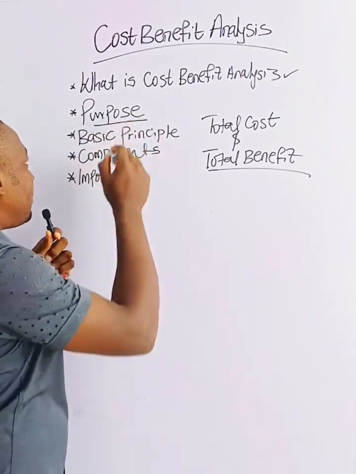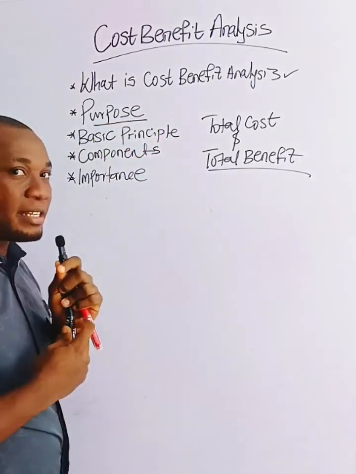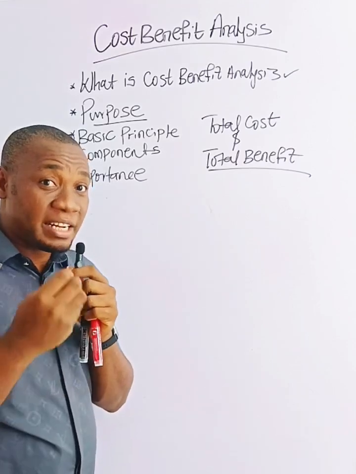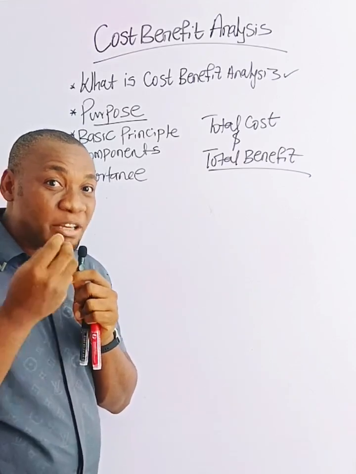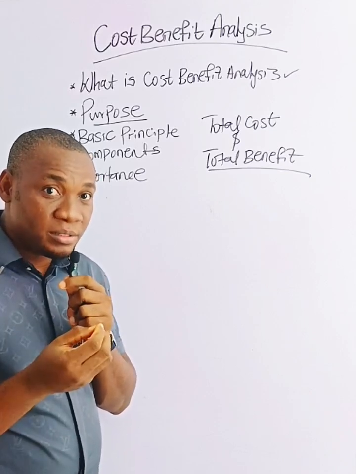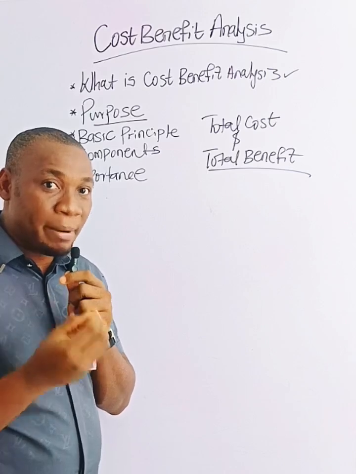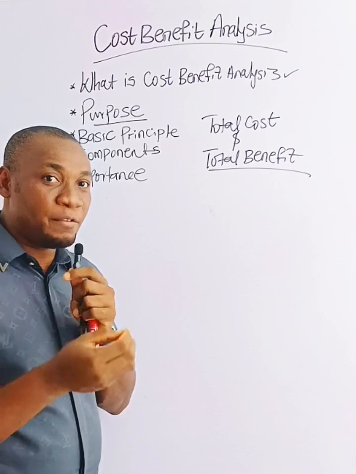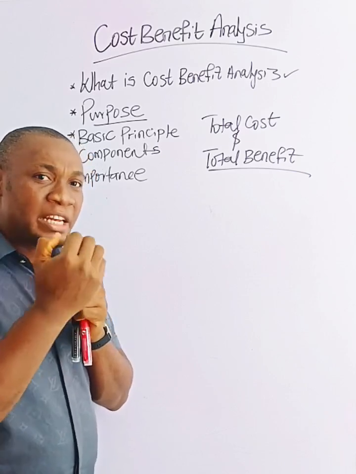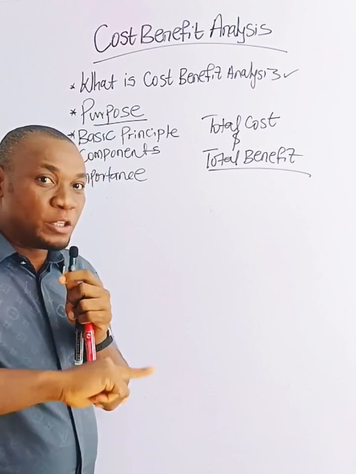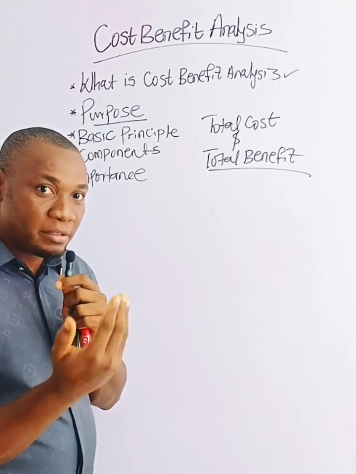Let's consider the purpose of cost benefit analysis. For example, in government, the purpose of cost benefit analysis is to utilize the resources for the welfare of the people. Because when a government is about to carry out a project, they will do a cost benefit analysis to check if the money we are going to sink into this project, the benefit to the people, you do the comparison.